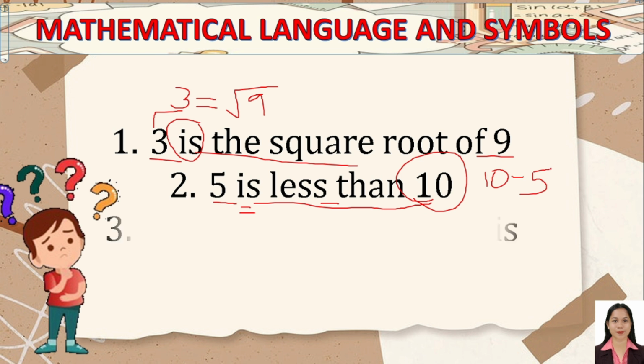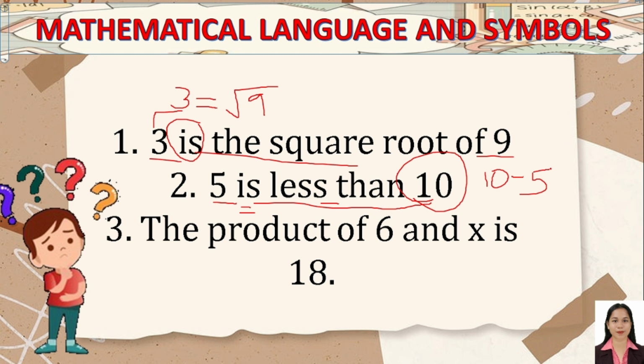And we have the product of 6 and x is 18. Product means multiplication. But in algebra, we do not use times or the symbol x as times because it becomes redundant, since we have the variable x.